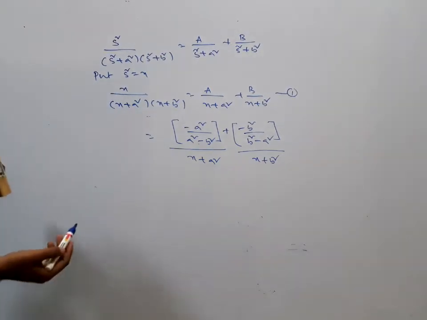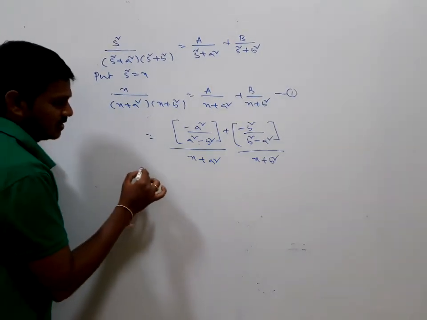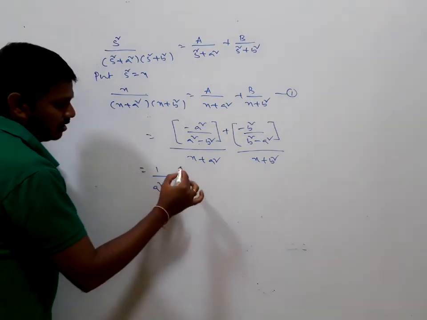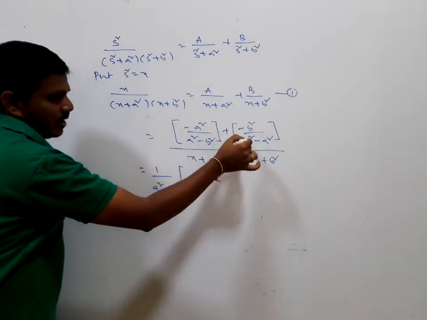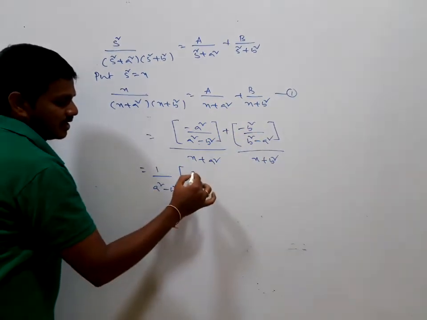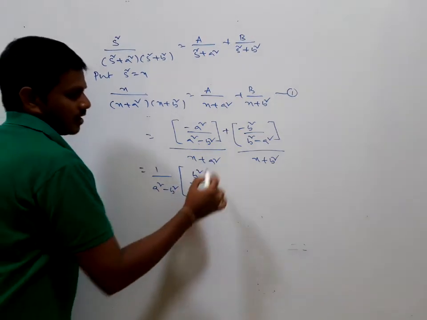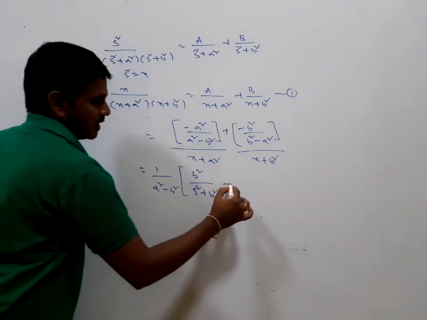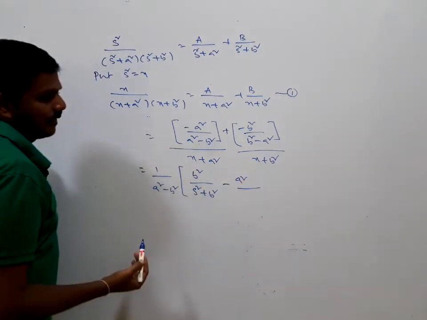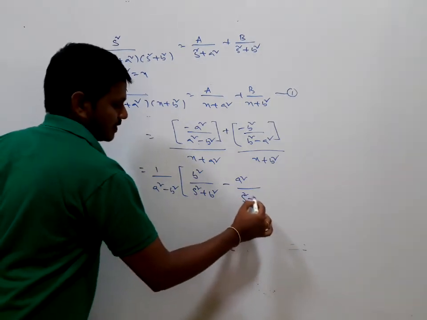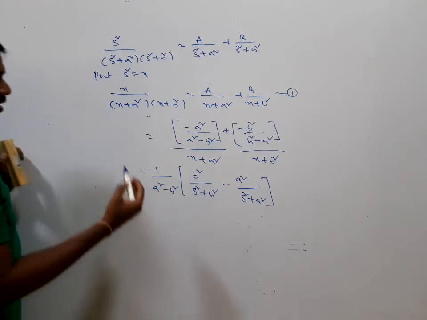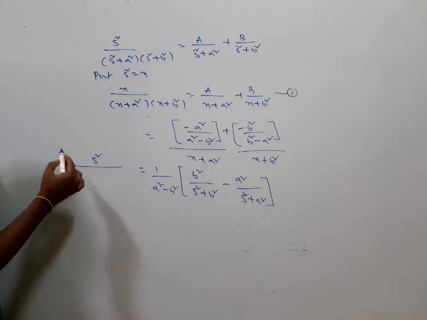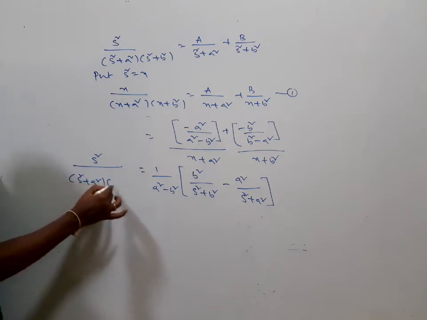Now this can be written better like this: if you take a square minus b square common, the minus minus gets cancelled, b square divided by x plus b square, that is s square plus b square. Is it clear? Minus a square divided by x plus a square, s square plus a square. So now this is s square divided by s square plus a square into s square plus b square.